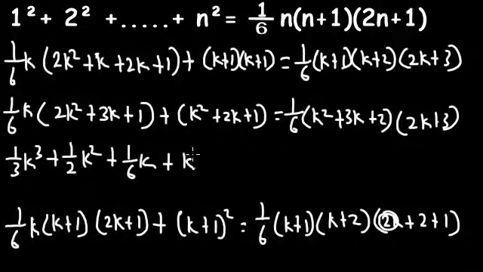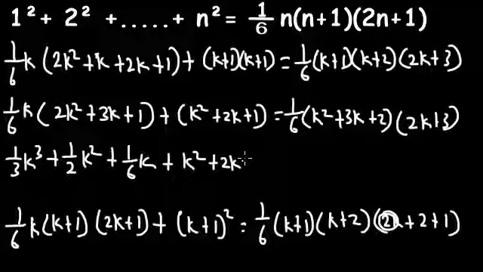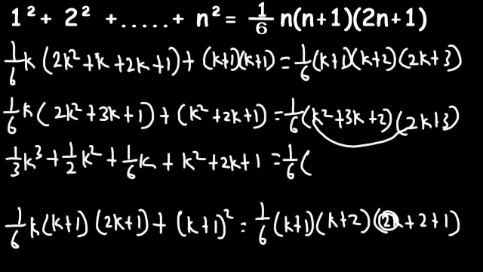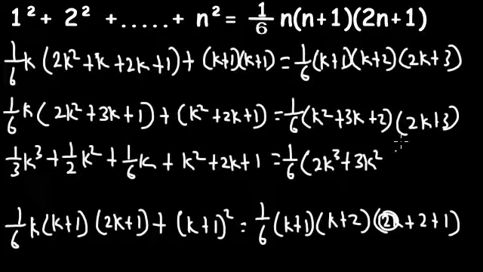Then we have plus k squared plus 2k plus 1 equals 1/6 times k squared times 2k gives us 2k cubed. Okay, perfect. K squared times 3 gives us plus 3k squared. Okay, then 3k times 2k gives us plus 6k squared.